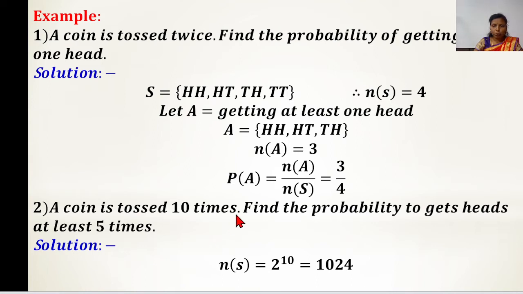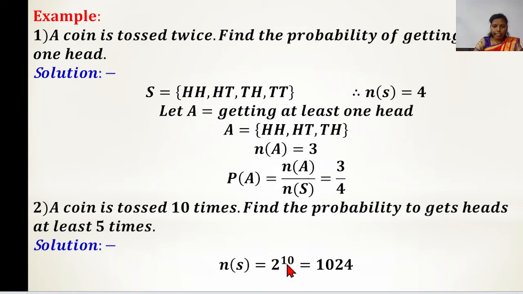Then the next example: a coin is tossed 10 times. Find the probability of getting heads at least 5 times. Here a coin is tossed 10 times, and we have to find the probability of getting heads at least 5 times. For the solution, we have to use the formula n(S), the number of elements in the sample space, is equal to 2 raised to n.